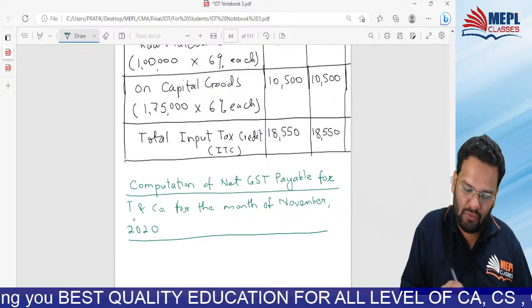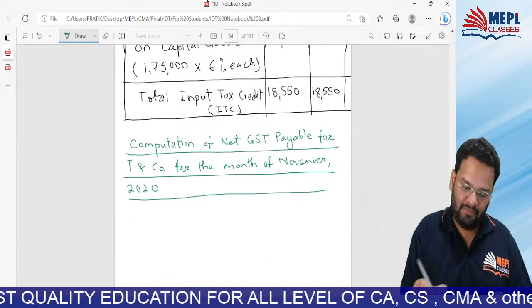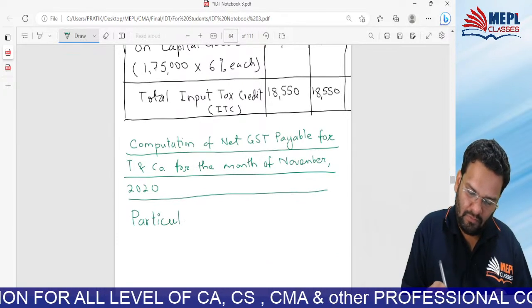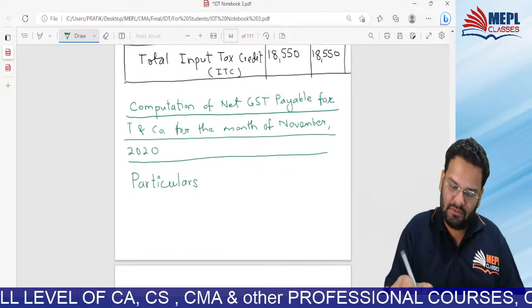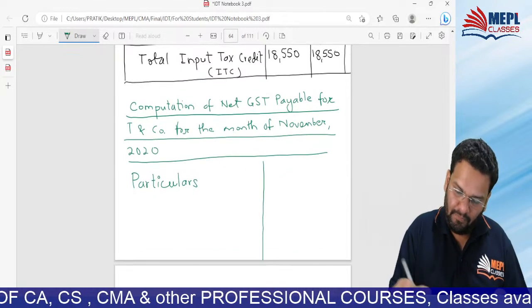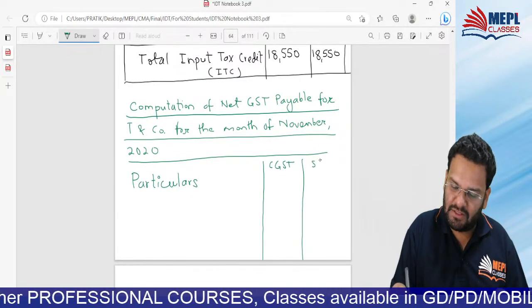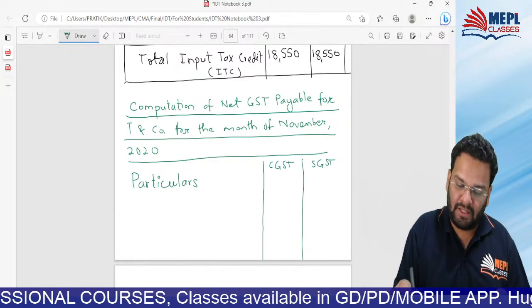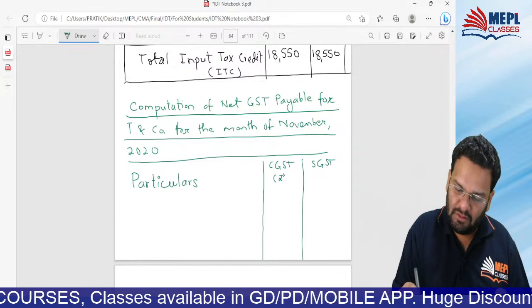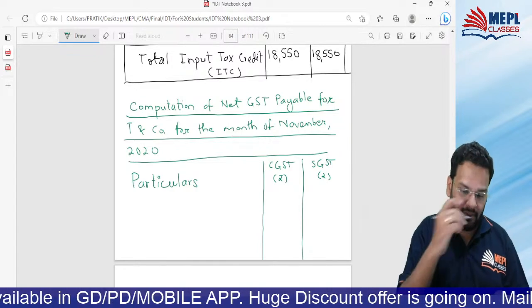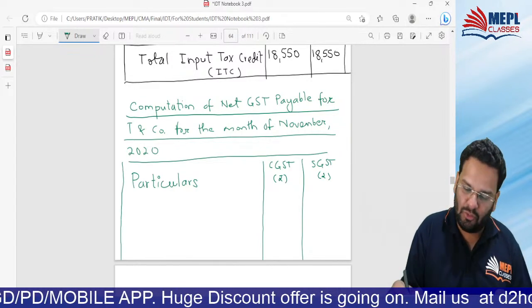Now, simple thing remaining. There is no challenge of utilization in this question. So particulars, CGST, SGST. Figures in rupees. Why no challenge?